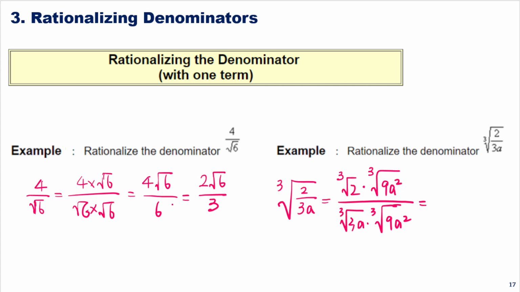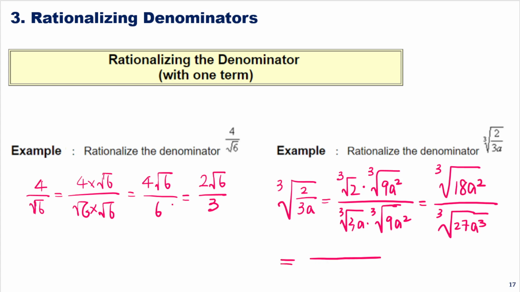So here the denominator becomes cubic root of 27a cubed. The numerator becomes cubic root of 18a squared. And then the denominator becomes 3a, right? And the numerator is just cubic root of 18a squared. Cannot simplify that further.